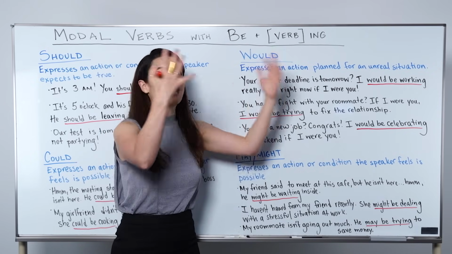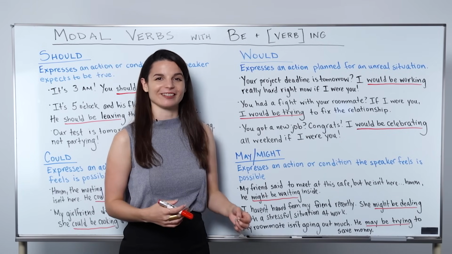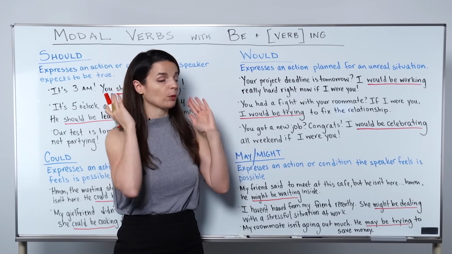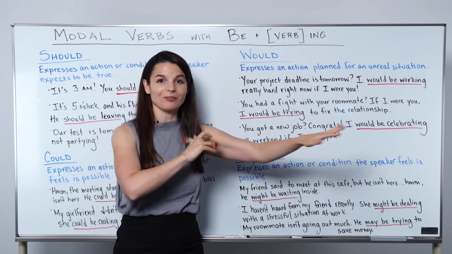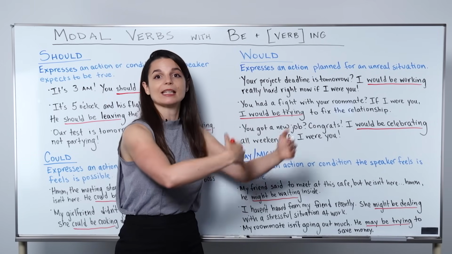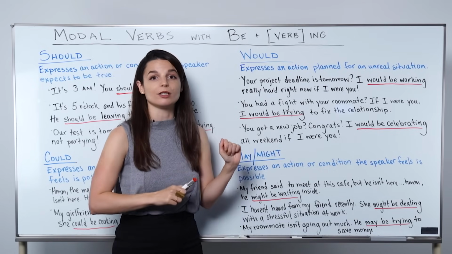So we're just imagining something. It's those what would you do if situations. So we imagine a situation or we imagine a condition and we express our plan for that situation or condition. It's not true, it's not real, we're just imagining it. So when we want to imagine some continuing state or continuing action, we use would to do that.